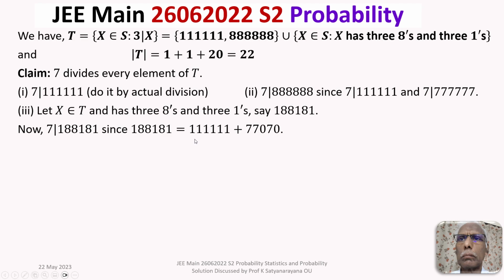Okay? And now 7 divides this number, 7 divides this number. Therefore, 7 divides this number. So that means 7 divides any 6-digit number with digits 1 and 8, where that number has 3 8s and 3 1s. Thus 7 divides every element of T.